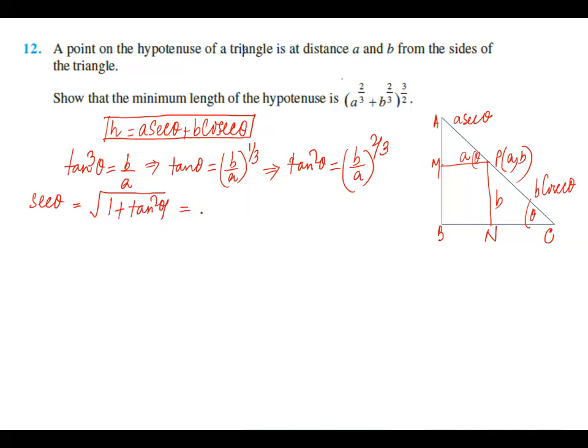So this will be under root 1 plus b to the power 2 by 3 by a to the power 2 by 3. We will simplify. It will be a to the power 3 plus b to the power 3 whole by a to the power 2 by 3 square root.